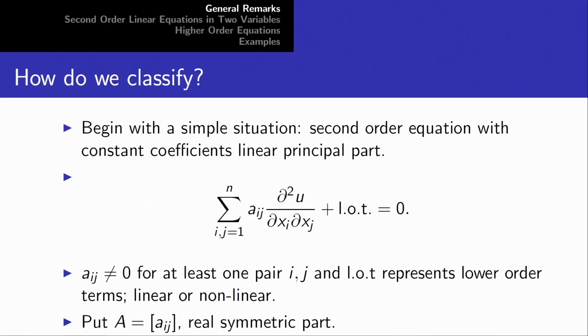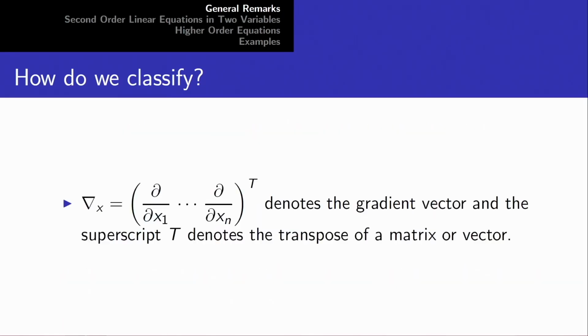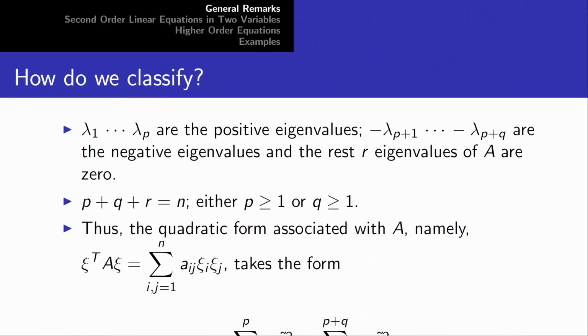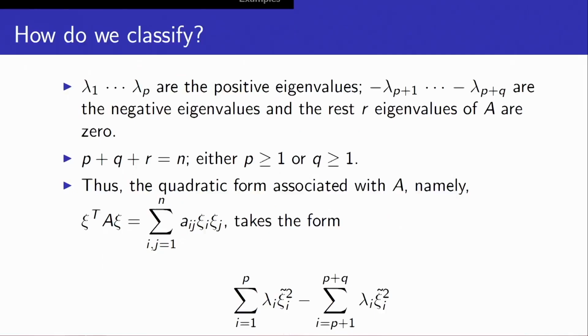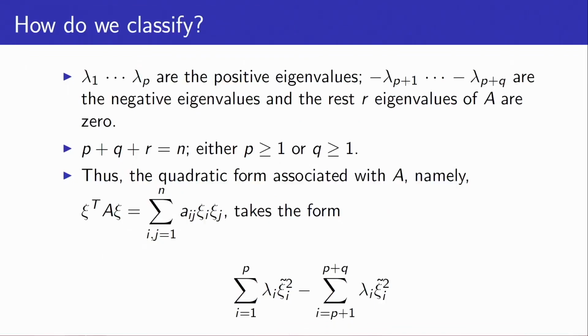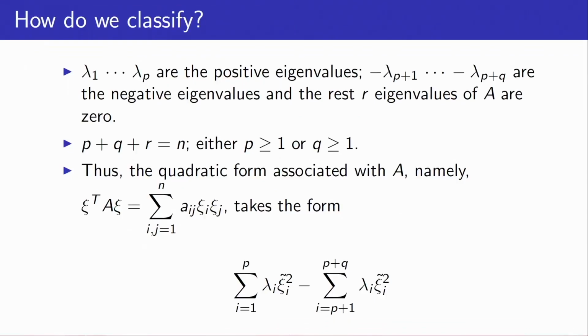By finding a suitable change of variables, we want to make it just a diagonal term, the pure second order derivatives del square u by del x_i square, similar to this diagonalization of the quadratic form associated with the matrix A.